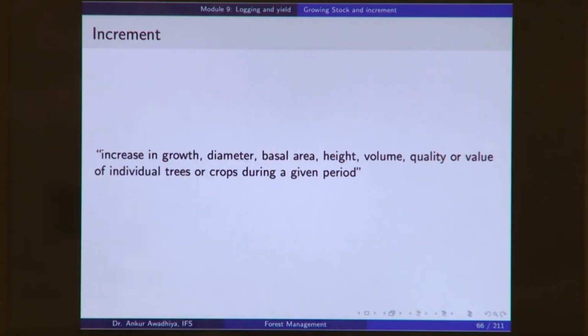So, when we say that a tree is putting up increment, we mean to say that it is increasing in volume, or it is increasing in height, or it is increasing in diameter, or it is increasing in some other quality or value with time. So, these changes are known as increments, and we can measure increment in terms of a single tree or in terms of a forest stand.